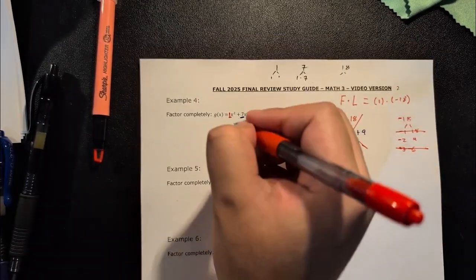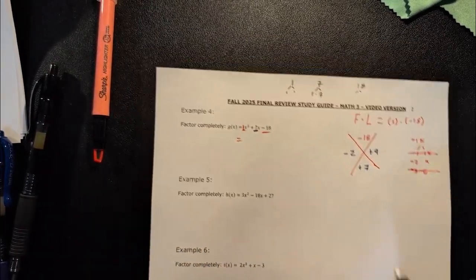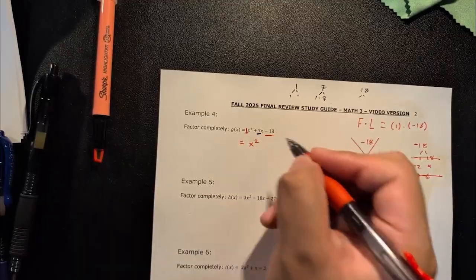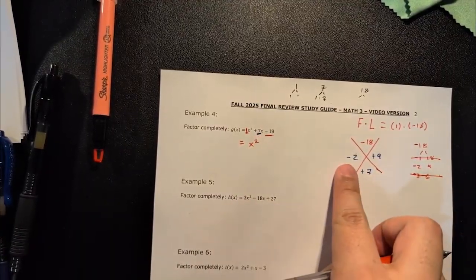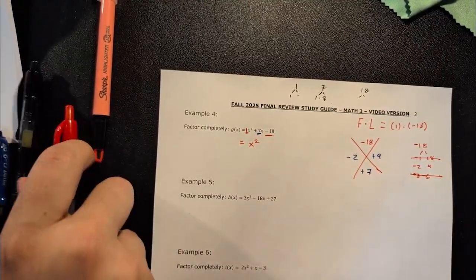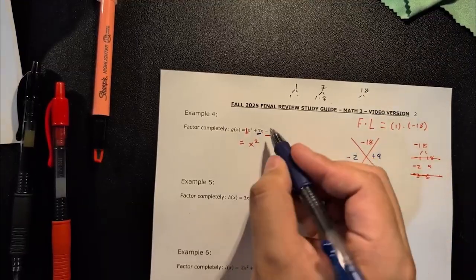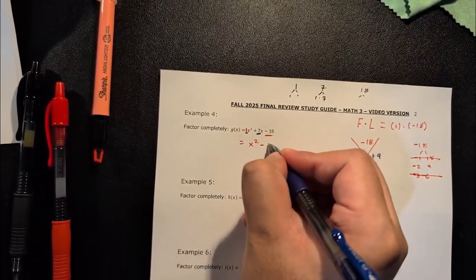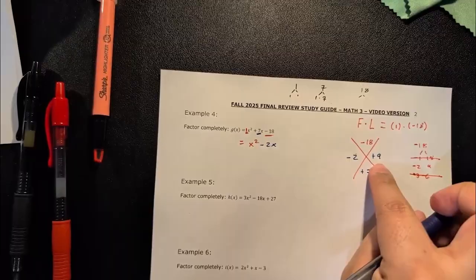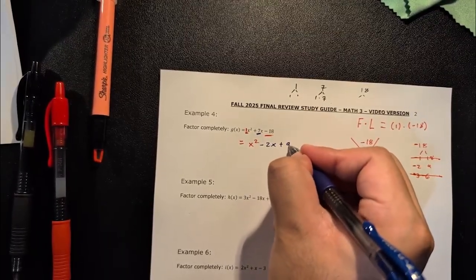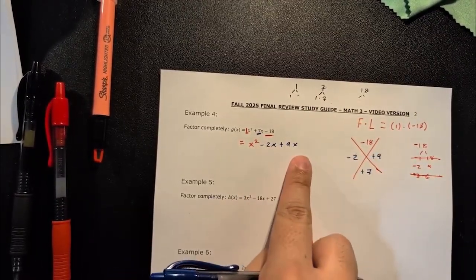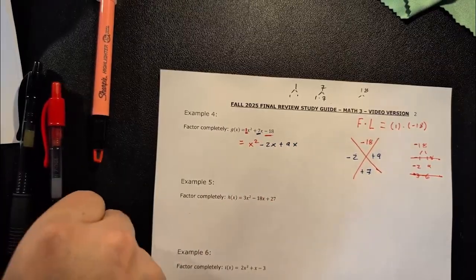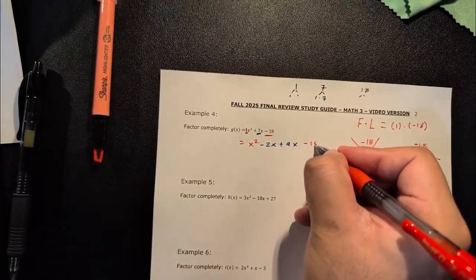So we're going to go back over here and write x squared, and then instead of 7x, I'm going to use my two numbers. Instead of 7x, I'm going to write minus 2x plus 9x. And then the last one, minus 18.